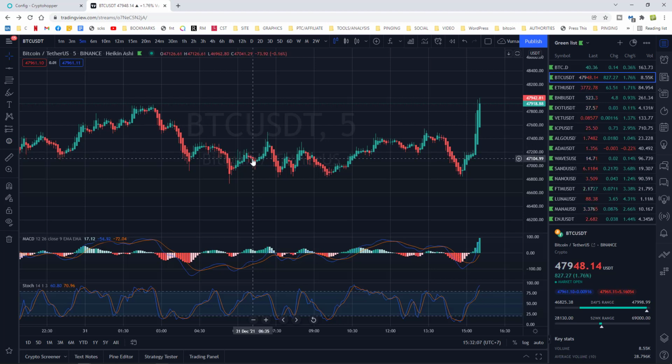Well, the bot sells it because it's dropped 0.5% from that 2% profit. Too tight. As you can see, many times this will happen and it goes up again, like that.